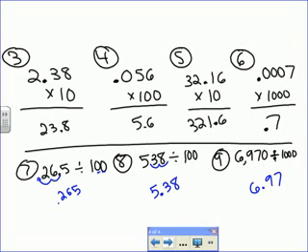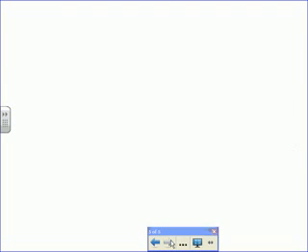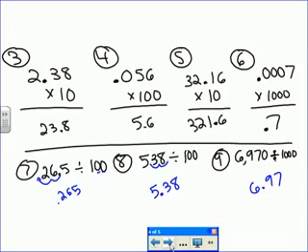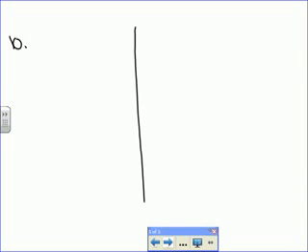But I do want you to be able to do division even without your calculator. So let's just practice 2 of those. Okay. So this will be example 10 and 11. These are the last 2.